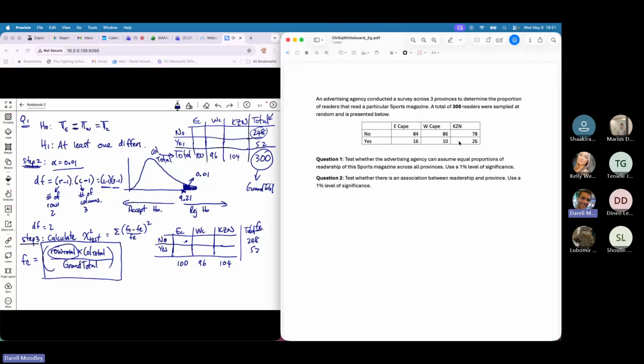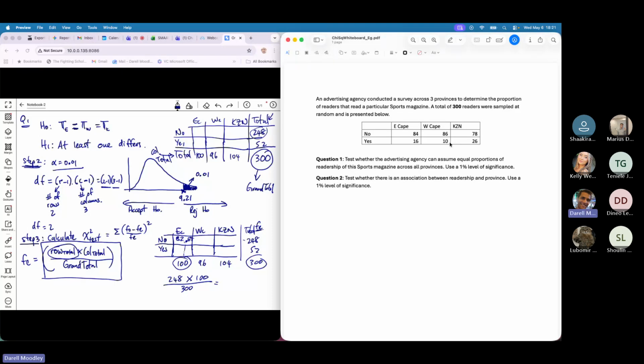So for the first position, its corresponding row total is 248, times its corresponding column total, 100, divided by the grand total, which is 300. If you work that out, you get 82.67. That is its FE value.